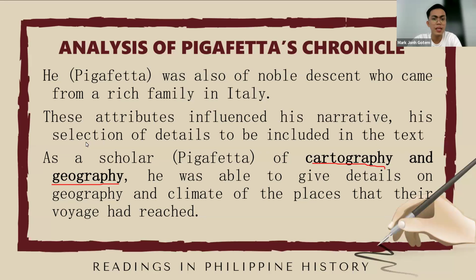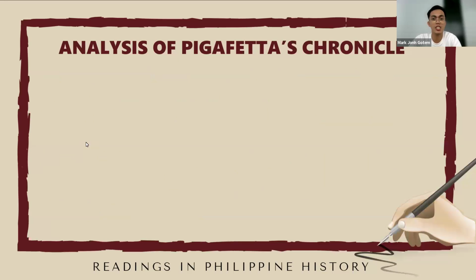So Pigafetta was a scholar of cartography and geography. Therefore, Pigafetta played a crucial role in documenting the expedition. Overall, Pigafetta's contributions were not just significant for their immediate practical use in navigation and exploration, but also for their lasting value in providing a rich historical record of his groundbreaking expedition.